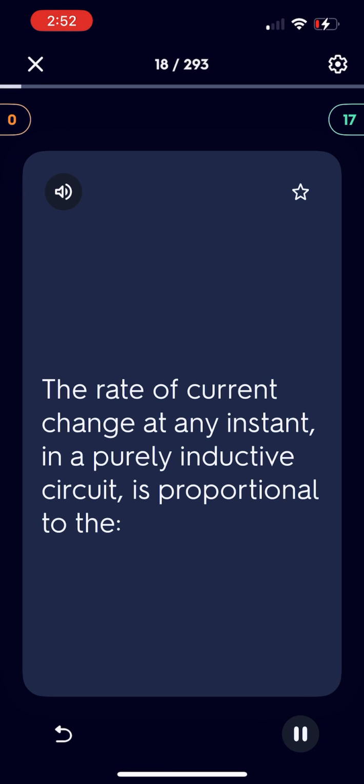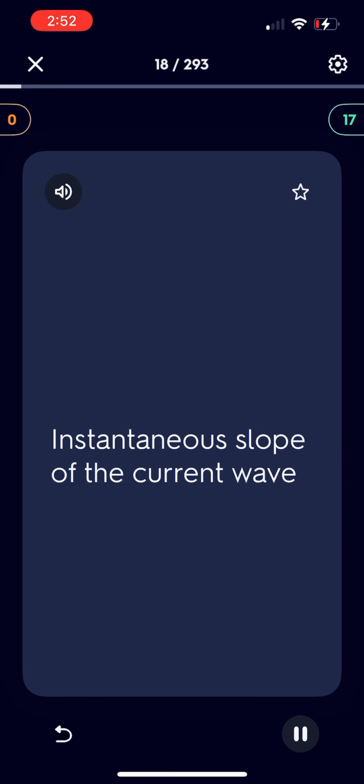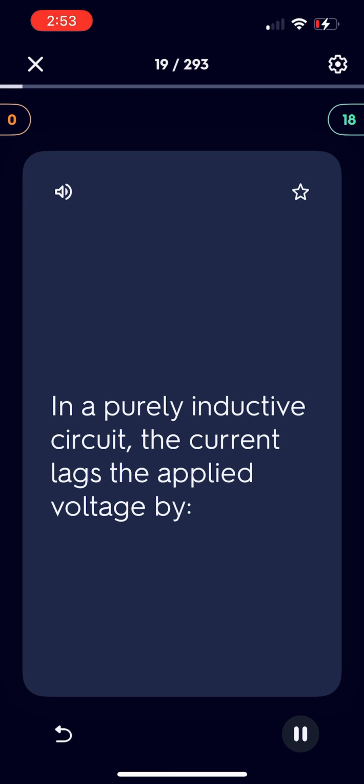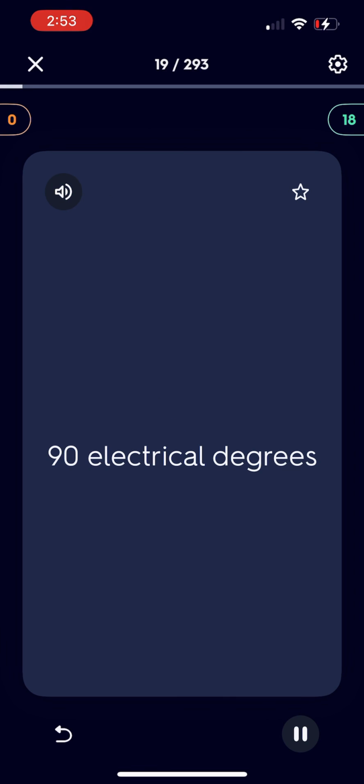The rate of current change at any instant, in a purely inductive circuit, is proportional to the instantaneous slope of the current wave. In a purely inductive circuit, the current lags the applied voltage by 90 electrical degrees.